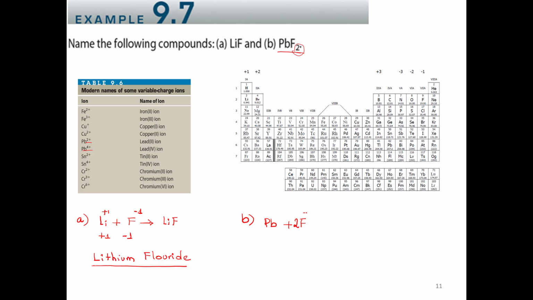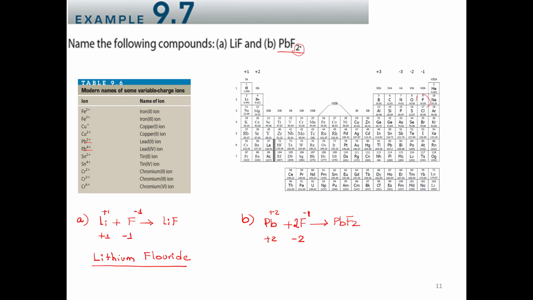It's in group 7, so fluorine is -1. Then the total charge for the negative ion will be -2. In order to get a neutral compound, lead must be +2. Then here we will have a neutral compound.